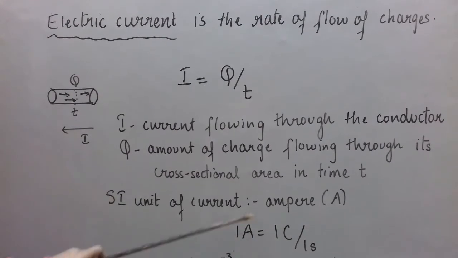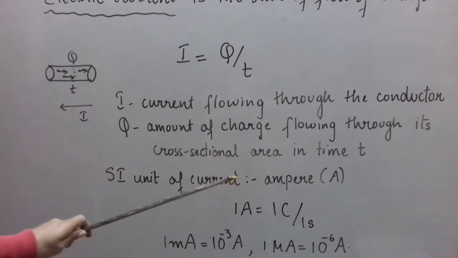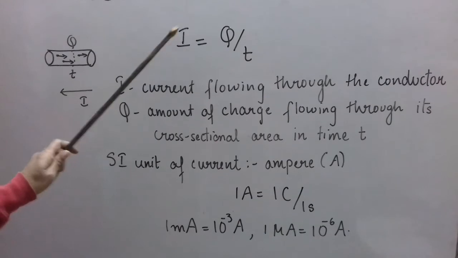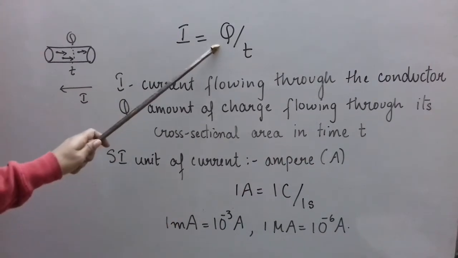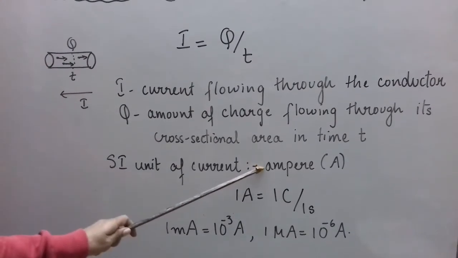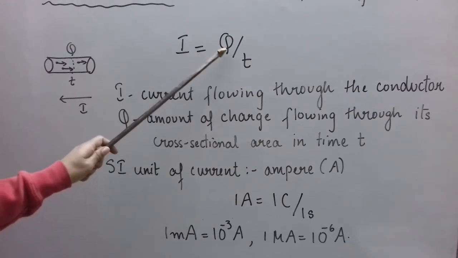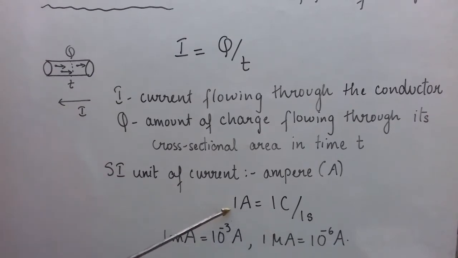It is given the name ampere in honor of scientist Andre Marie Ampere. So ampere is the SI unit of electric current whose symbol is capital A. From this equation, we can easily define the SI unit of electric current, that is ampere. 1 ampere will be equal to 1 coulomb per 1 second. So how will you define it?